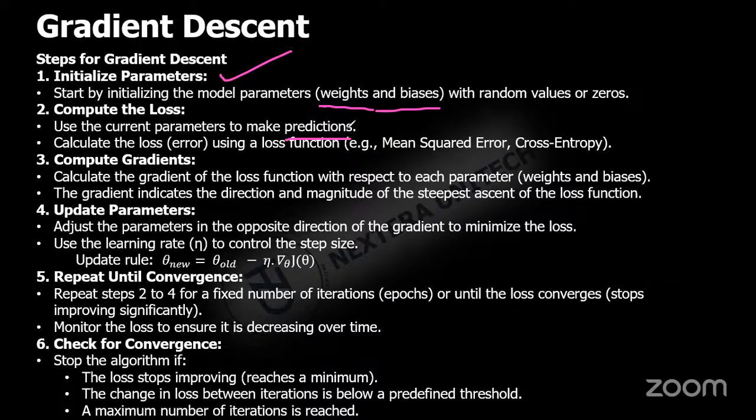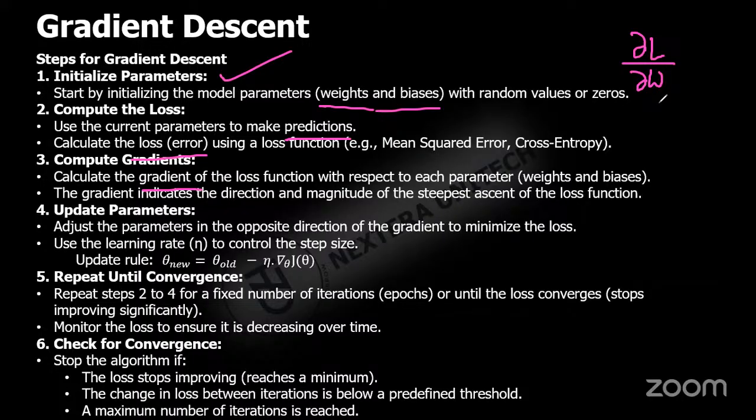Once you get the prediction, we calculate the loss using any of the loss functions. Once after calculating the loss, we also calculate the gradient of the loss. What is the gradient? Dou L by dou W if it is for weights, and if it is for bias, dou L by dou B, where B represents bias.